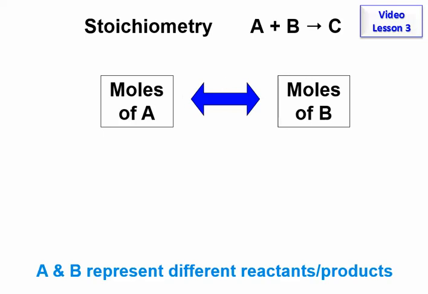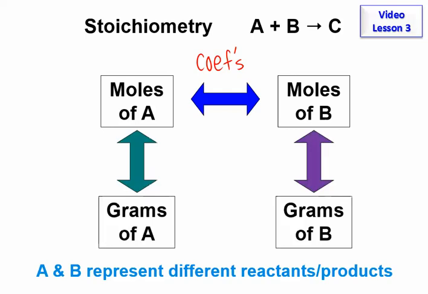So that's how we convert between moles of one thing and moles of another. And by the way, this works the same way if you're talking about the product. So I could compare reactant to product, reactant to reactant, and so on, any of those. So that's our new conversion factor.